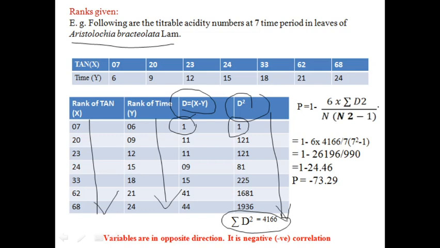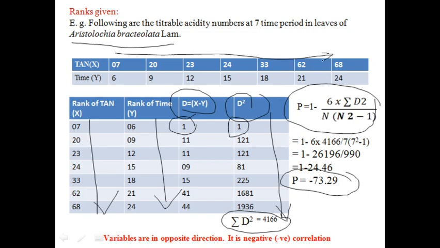Just put the values in the formula, then you will get the Spearman's rank correlation coefficient when ranks are given, meaning data is arranged in either ascending or descending order.